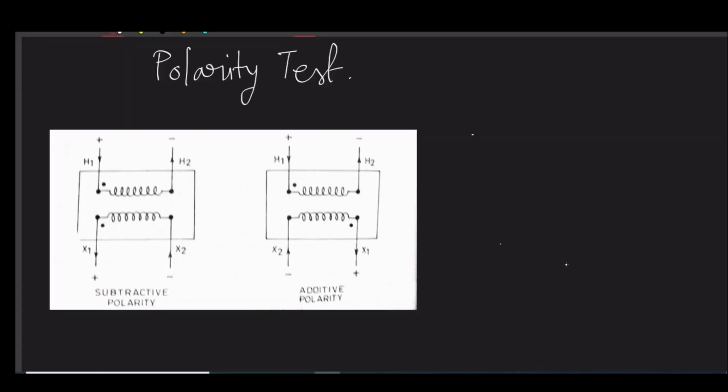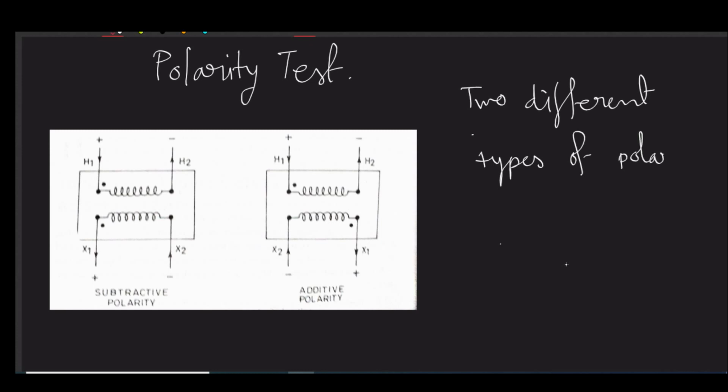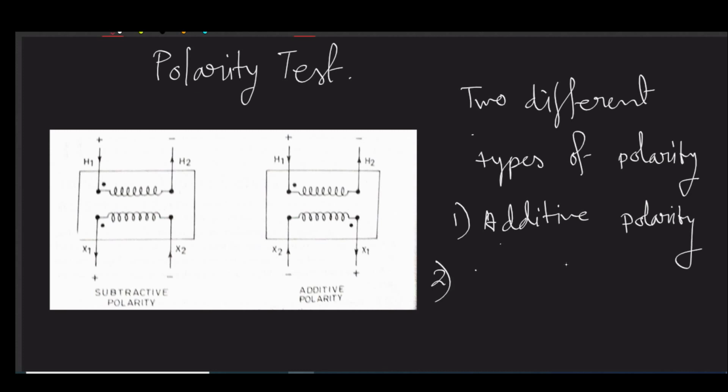So in today's video we will discuss what the polarity of a transformer is and what the different types of polarity are. We can have two different types of polarity: one is additive polarity and the second one is subtractive polarity.